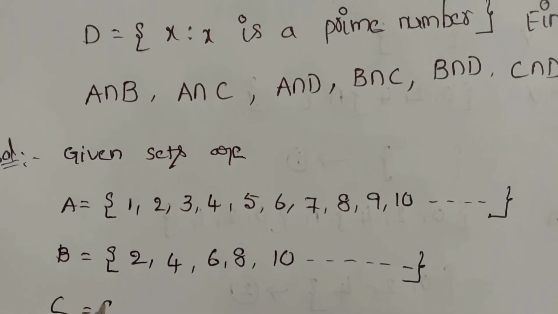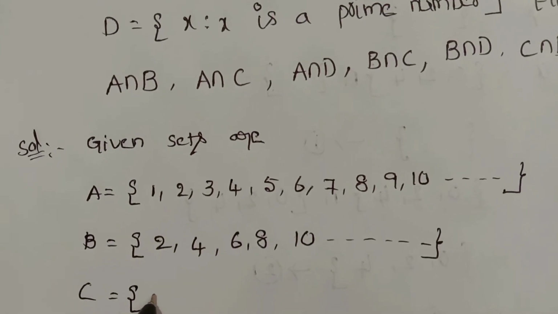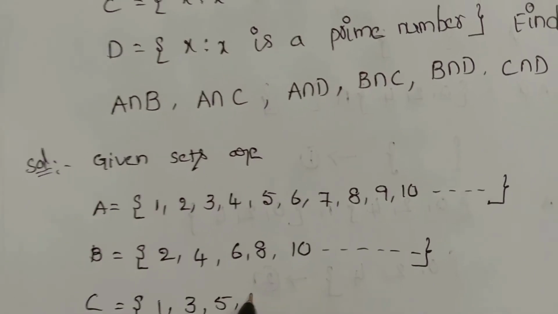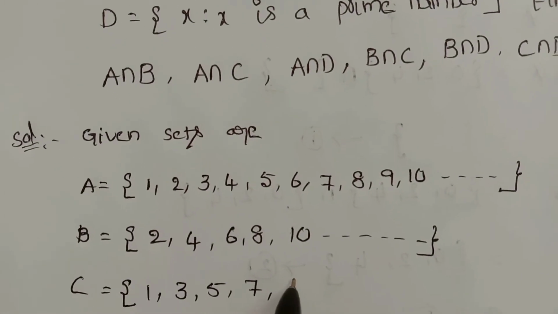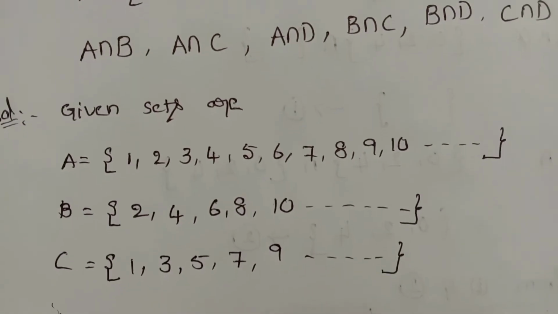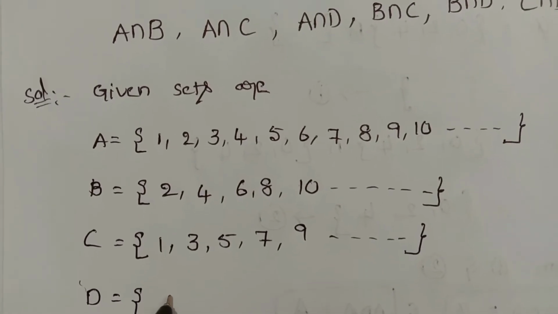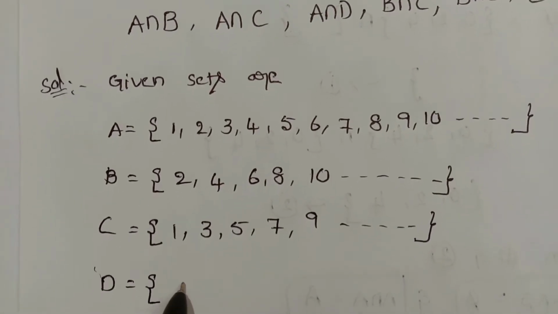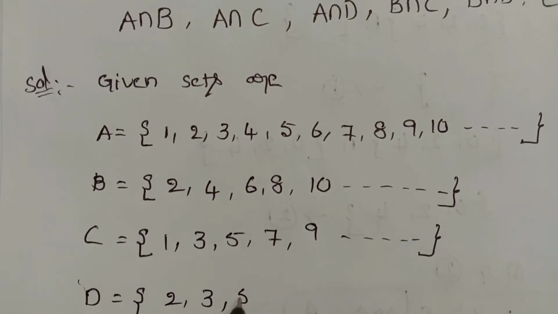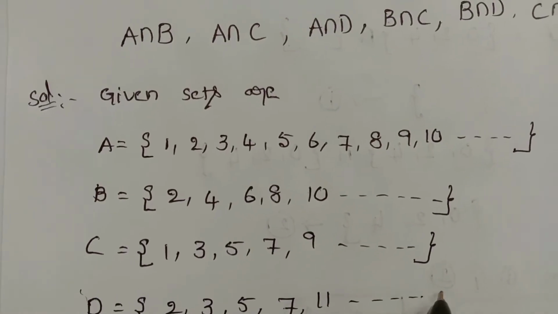C = {x : x is an odd natural number}: 1, 3, 5, 7, 9 and so on. D = {x : x is a prime number}: 2, 3, 5, 7, 11 and so on.